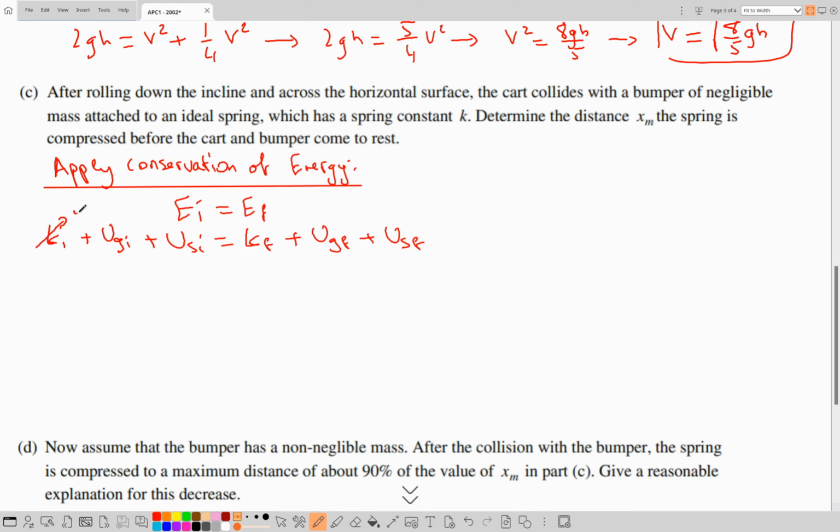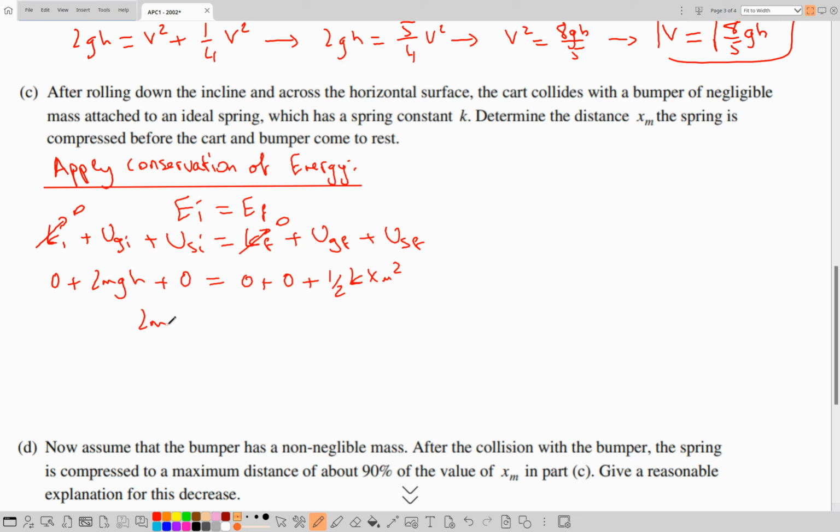Now the initial kinetic energy is 0. The initial gravitational potential energy is 2 mgh. Now we don't have spring initially. The final kinetic energy is 0 because we're interested in the maximum compression because it comes to rest. The final gravitational potential energy is 0 because we are at the P level, and that would be half k xm square.